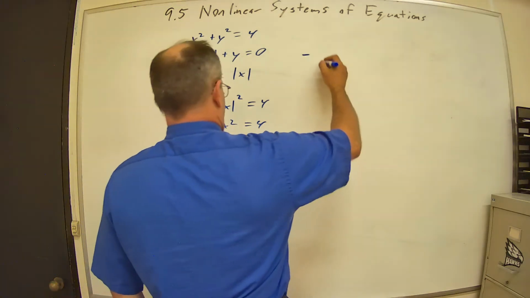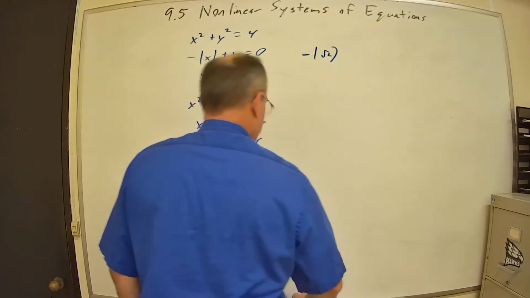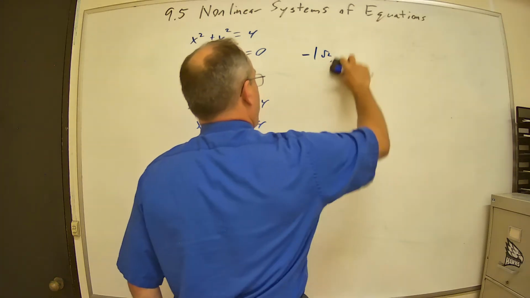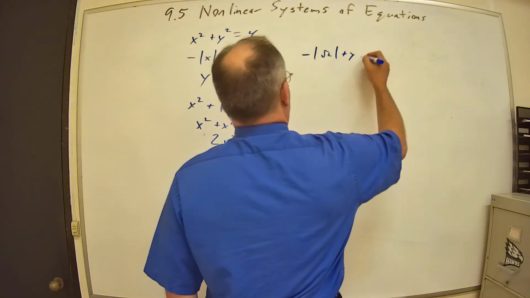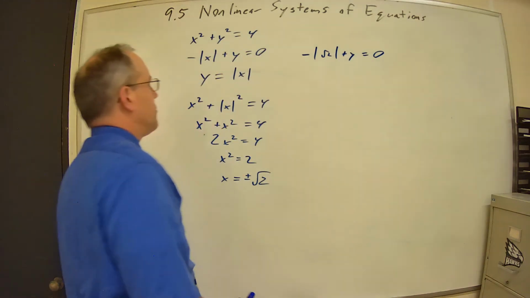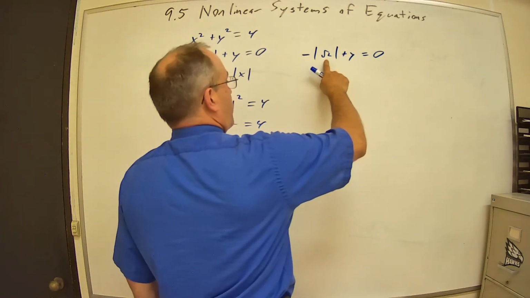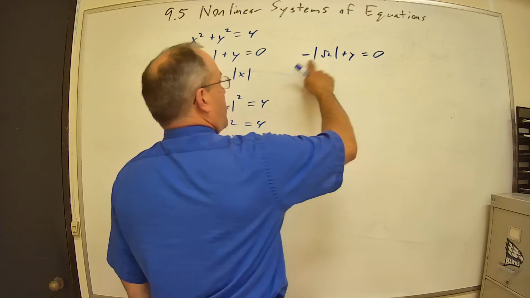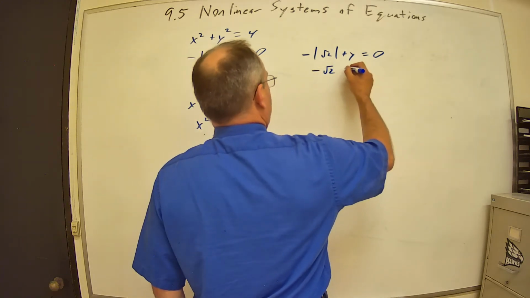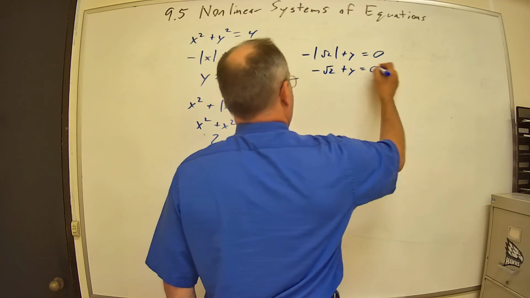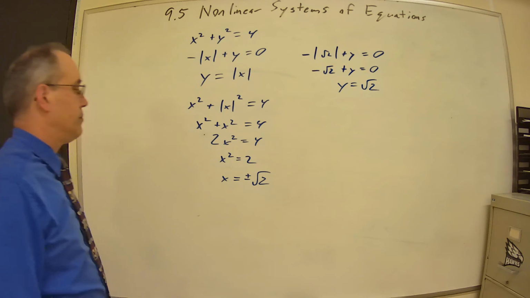So if I take negative absolute value of the square root of 2, oops, that's supposed to be an absolute value, not a parenthesis, plus y is equal to 0, then the absolute value of the square root of 2 is the square root of 2, so I get negative square root of 2 plus y is equal to 0, so y is equal to the square root of 2.